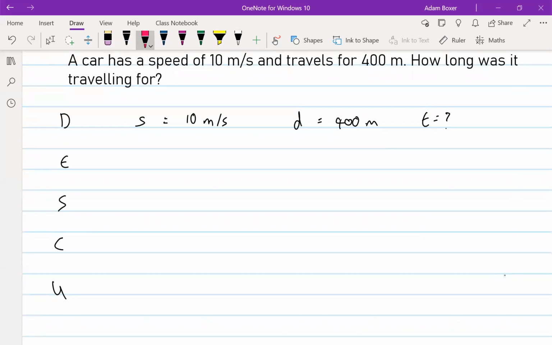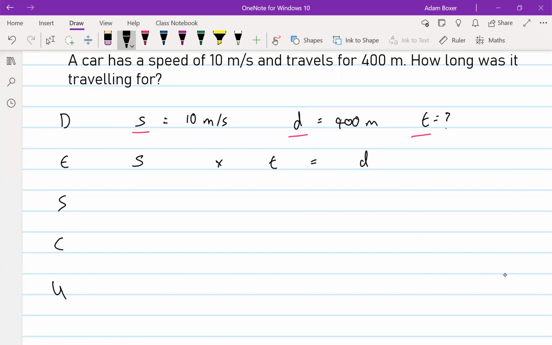Some of you may have written S times D equals T because you think, oh, right, well, I've got an S there and D there and a T there. I'm just going to times them together and make it equals. That would be wrong. The reason why it's wrong is because that's not the equation. And as we've told you before, you just always write the same equation, which in this case is S times T equals D.